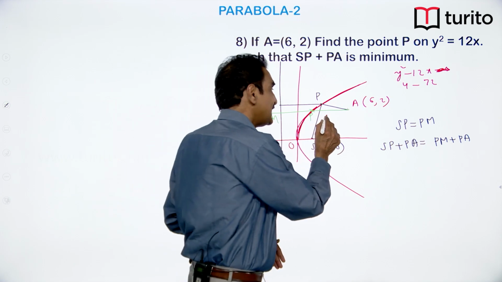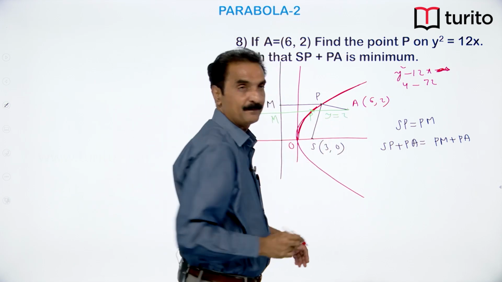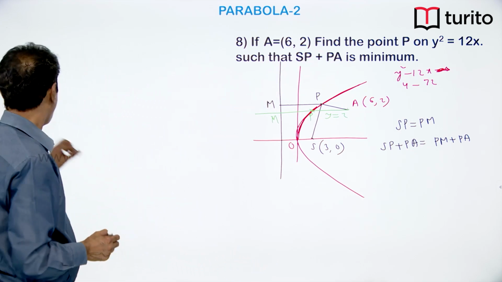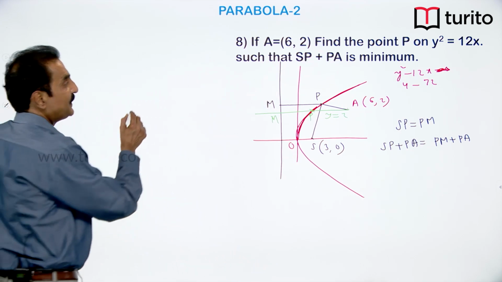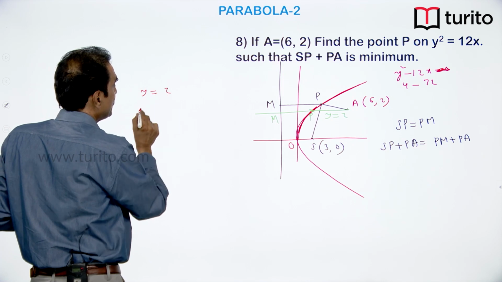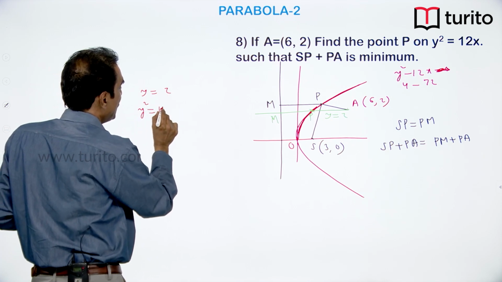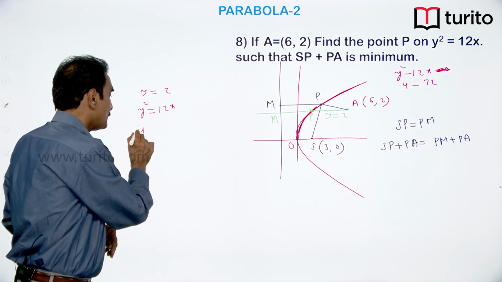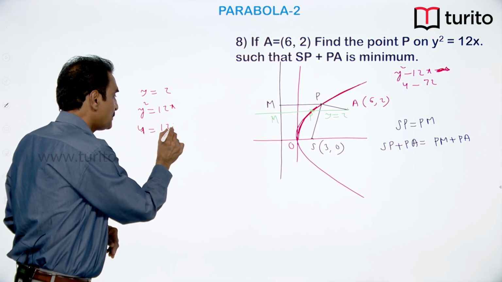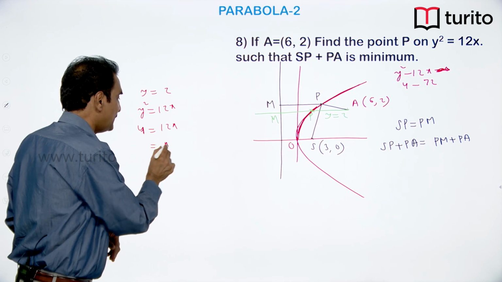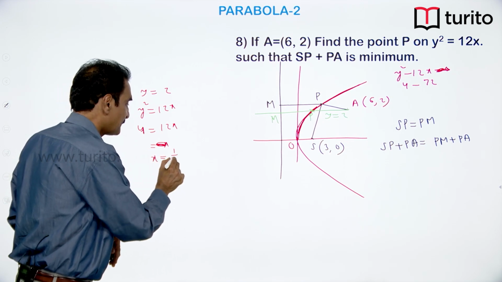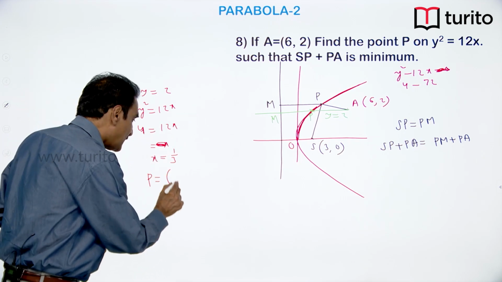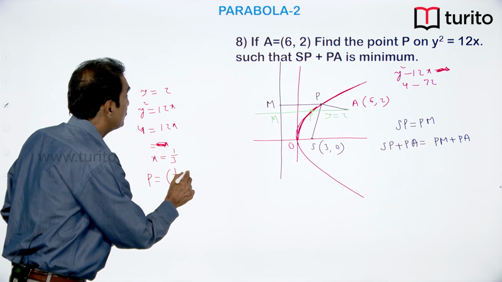What is this line? y equals 2. Solving with the parabola, y equals 2 and y square equals 12x, you will get 4 equals 12x, x equals 1 by 3. So, the required point P is (1/3, 2).